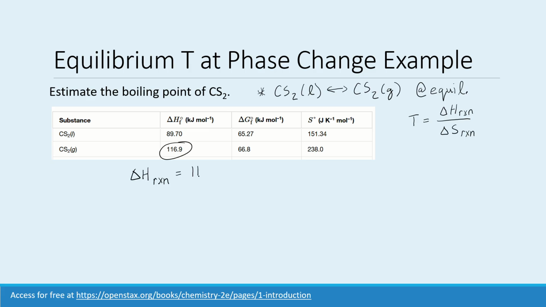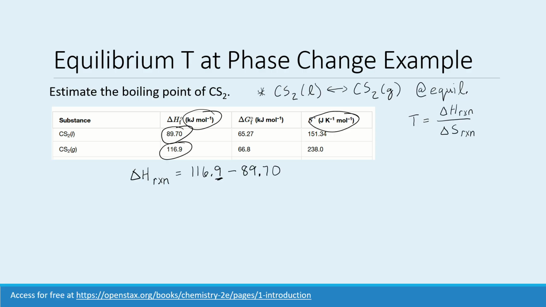the gas, which is the product, and looking at those enthalpy values, you get a value of 116.9, and then subtract out the enthalpy for the liquid, so 89.70, and the shortest decimal place is out to the tenths place, and all of those are in kilojoules.